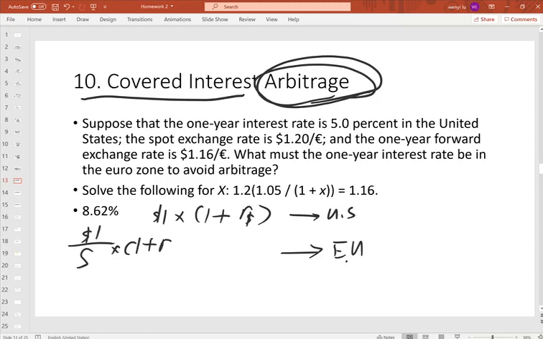Then we need to get our money back from euro to dollars, so we times the forward rate.